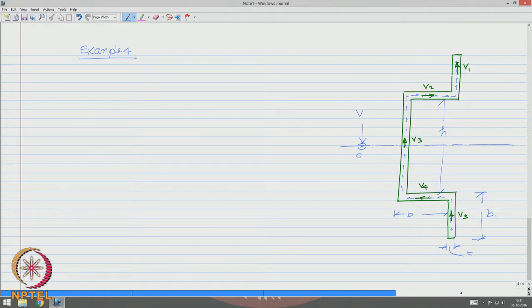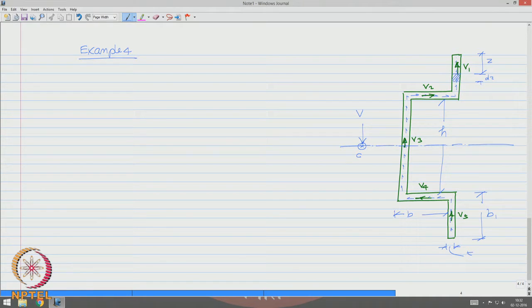Now, to find V 1, we will cut a strip at a distance z from here and let this be dz.